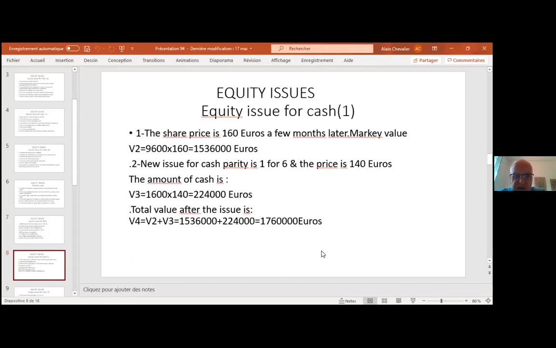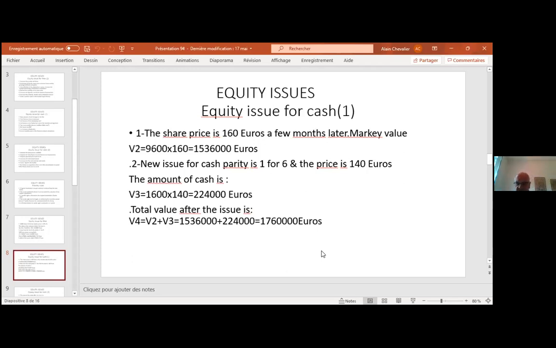Then that means we have a parity in this new issue for cash of 1 for 6. Remember that it was 1 for 5 in the preceding calculation. And we know that in this issue of 1,600 shares with a parity of 1 for 6, each share sold brings cash to the company. The price is 140 euros.